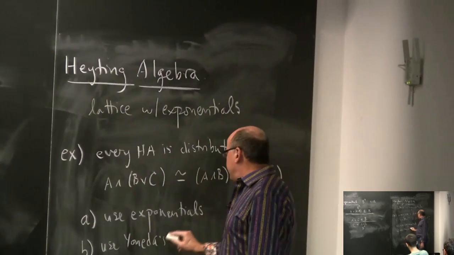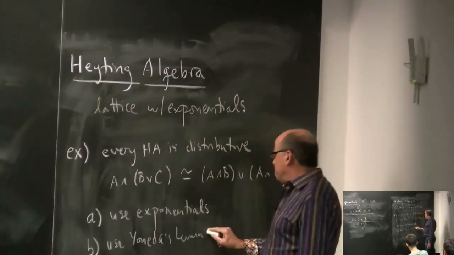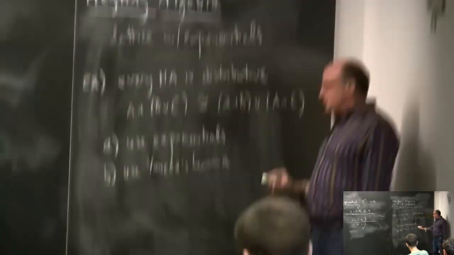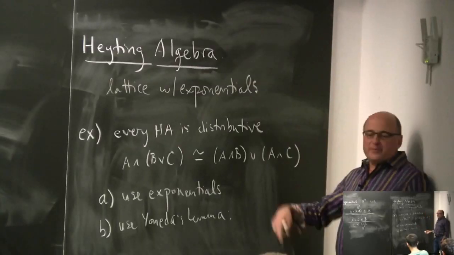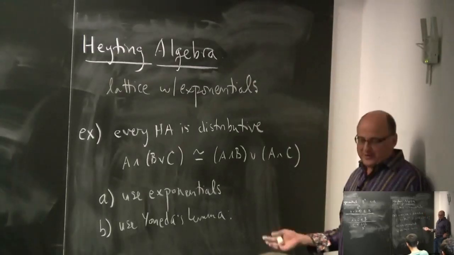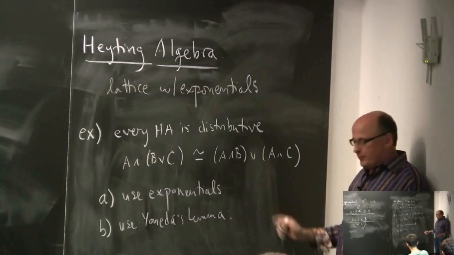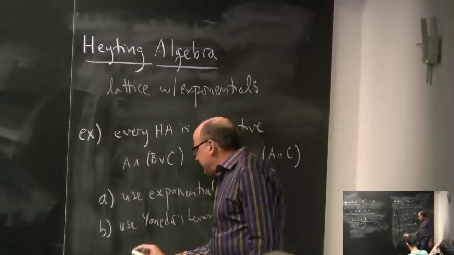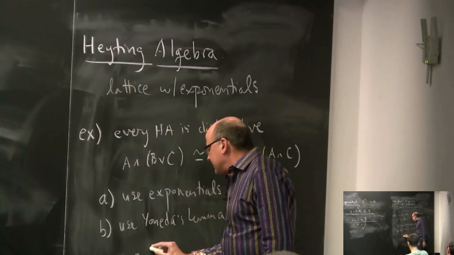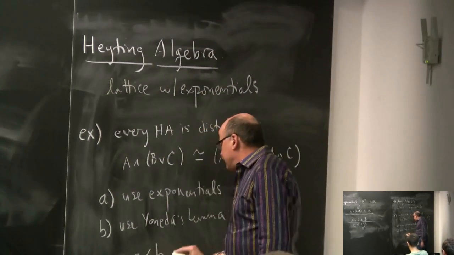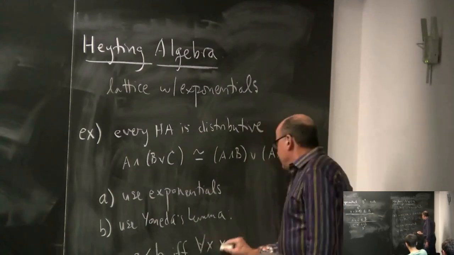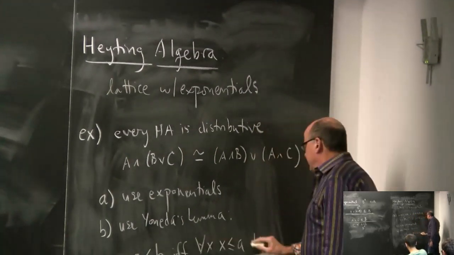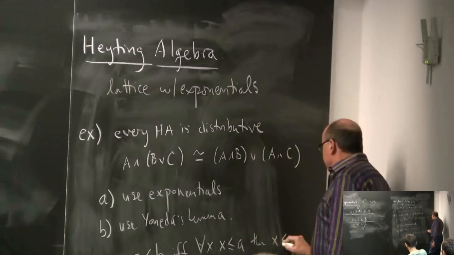If you don't use Yoneda's lemma, I'm fairly sure you're going to get stuck. Don't ask me why this works so beautifully all the time, but it always works. Whenever you're stuck, do this. The idea is that, in general, you can prove that A is less than or equal to B if and only if, for every x, if x is less than or equal to A, then x is less than or equal to B.